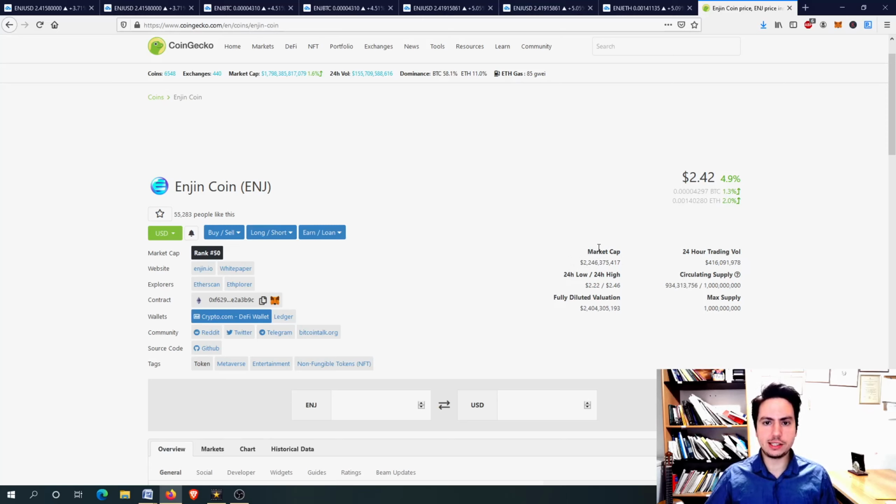For me, ENJIN coin is a great project. NFTs are the future, and I think they are here to stay. And according to what I've studied in the ENJIN coin, I think they have a pretty decent project. They care about the environment. They have a good team behind it, and 2 billion, I think it is still pretty cheap.